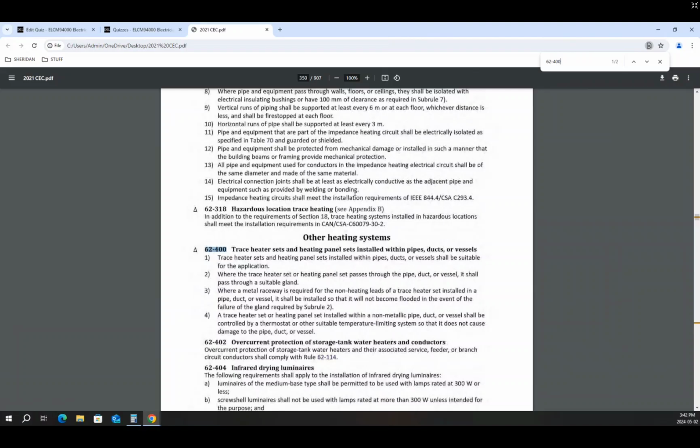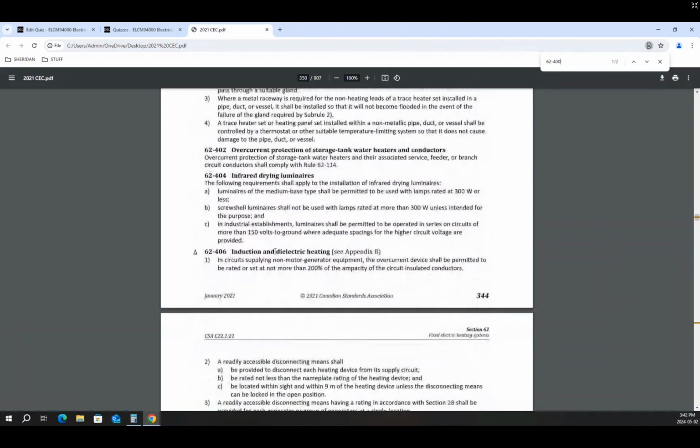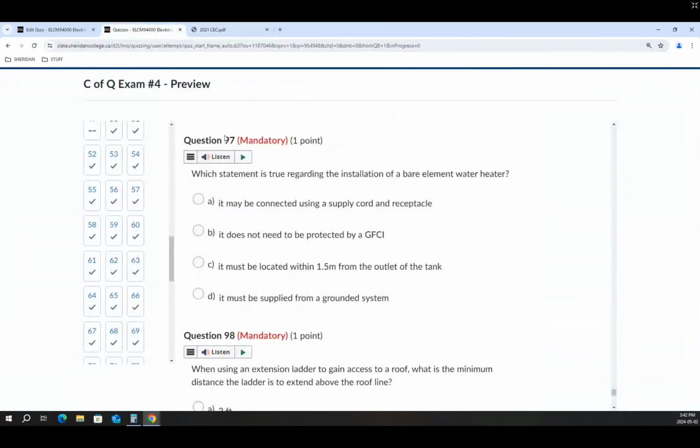Trace heaters, heating panels, and ducts and vessels. Bare element water heater: a bare element water heater shall be supplied from a grounded system, permanently connected to a branch circuit that supplies no other equipment, protected by a ground fault circuit interrupter of Class A type. It shall not be located within 1.5 meters of the utilization of the heated water.